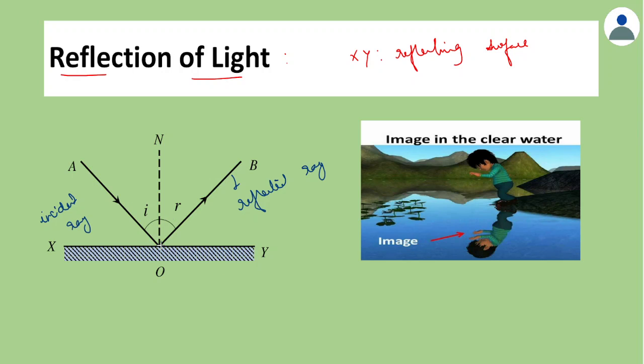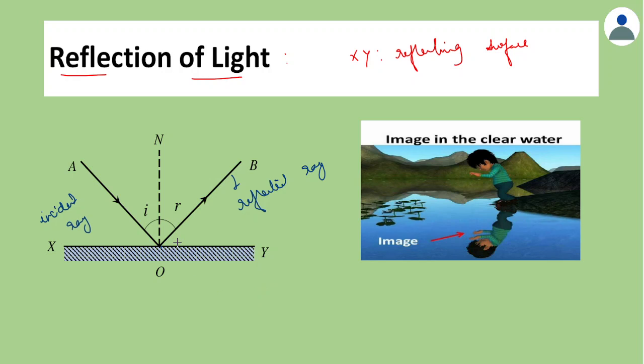The angle which AO makes with the normal, this I, is called the angle of incidence, and the angle which the reflected ray makes with the normal is called the angle of reflection. Remember these few terms. AO is the incident ray, I is the angle of incidence, ON is the normal, OB is the reflected ray, and the angle R is called the angle of reflection.